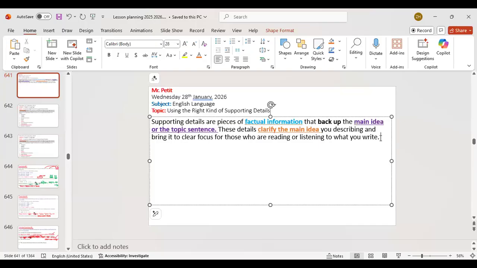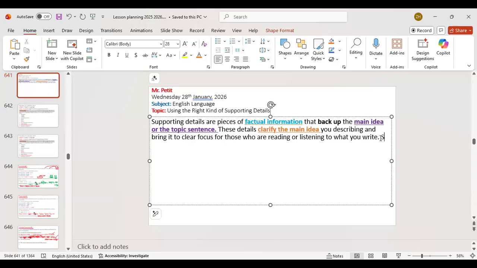That doesn't make sense. If I don't know what my main idea is, how in the world do I have supporting details? So you have to first state your main idea or your topic sentence, and then everything else you say after that is going to be used to support, back up, reinforce, and clarify what you said in the beginning. Please remember that.